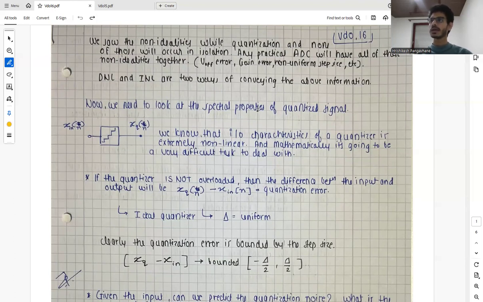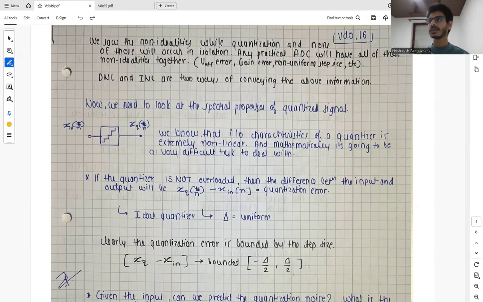And until now, we saw the non-idealities while quantization, and none of those will occur in isolation. I mean, one time a gain error, next time the V offset error, they will not occur in isolation or as a single error. Any practical ADC will have all of these non-idealities together.